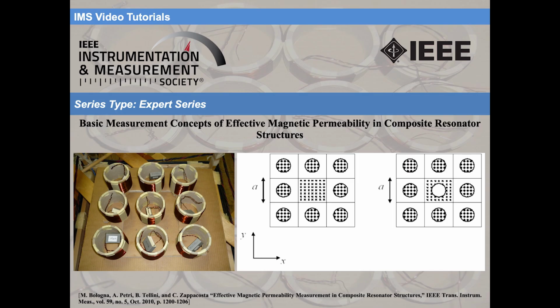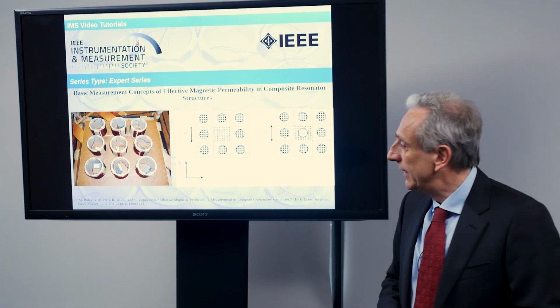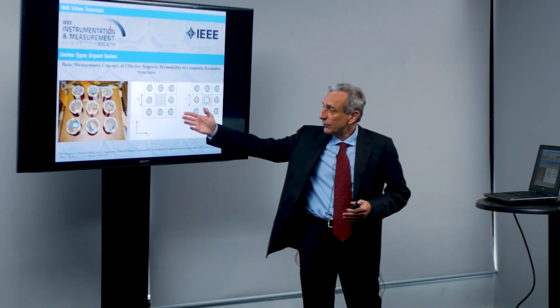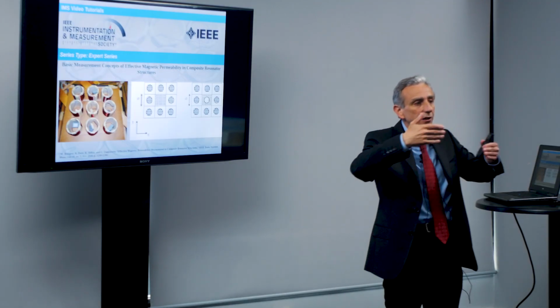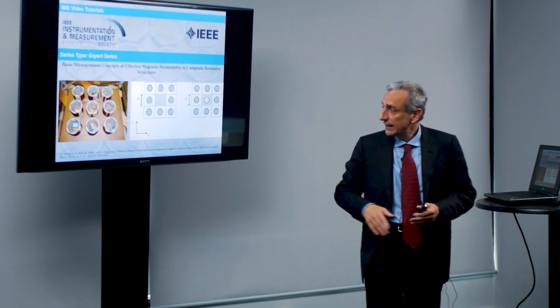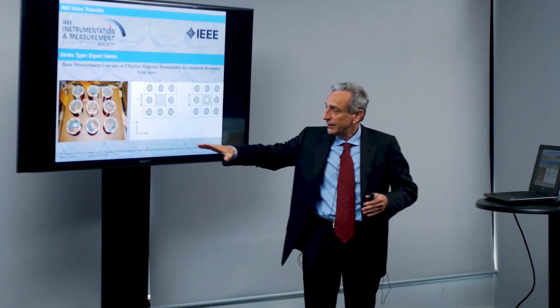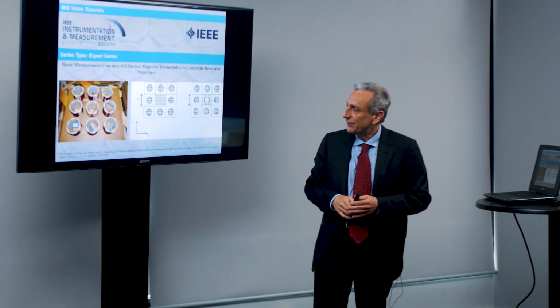Without derivation, you can find in these reference articles that we arrive at an equivalent expression of the effective magnetic permeability, and this is because we have to take into account that the stray fields from the resonators have to reclose through the structure, assuming a uniform reclosure over the structured array.